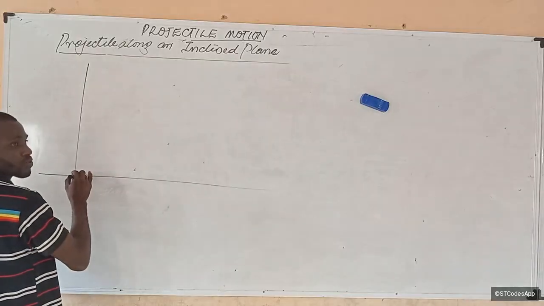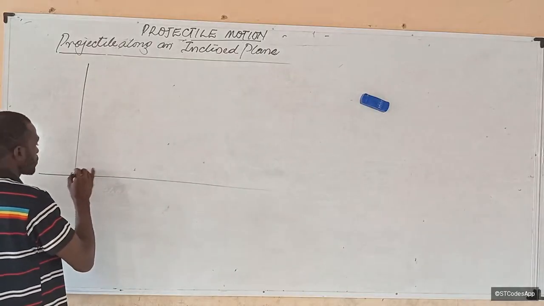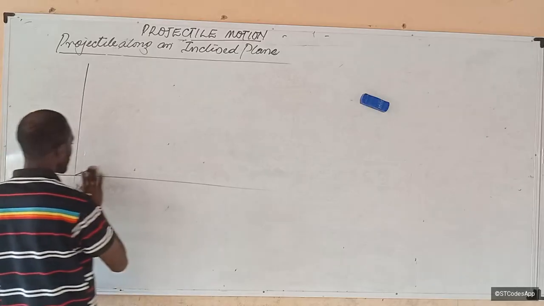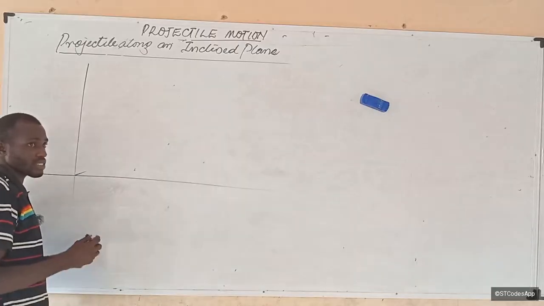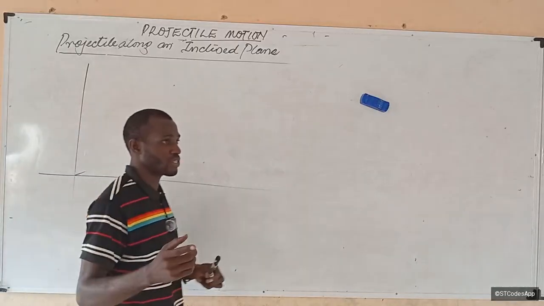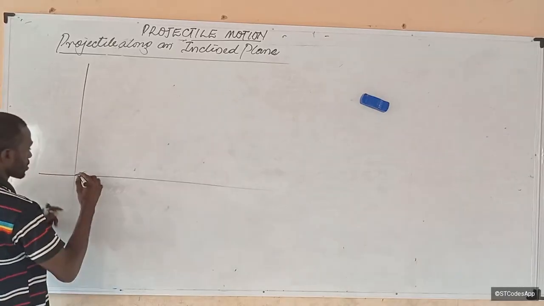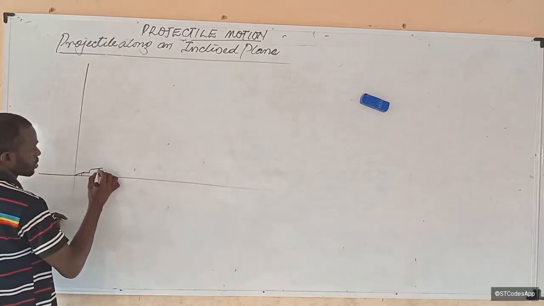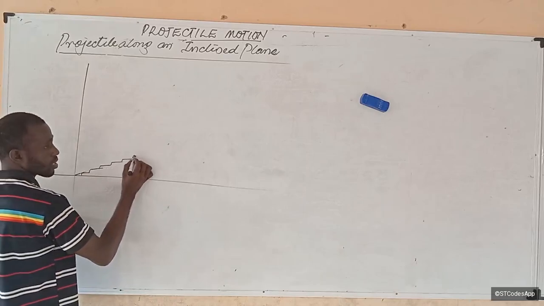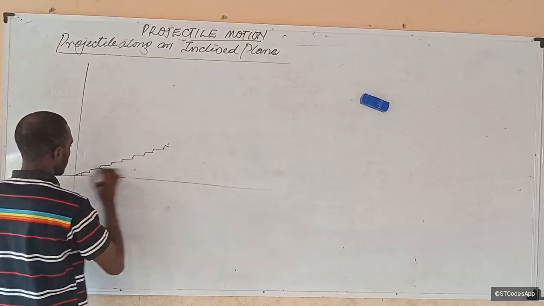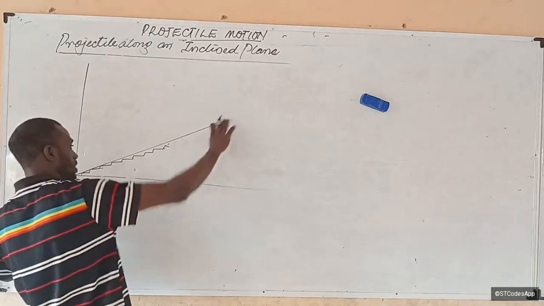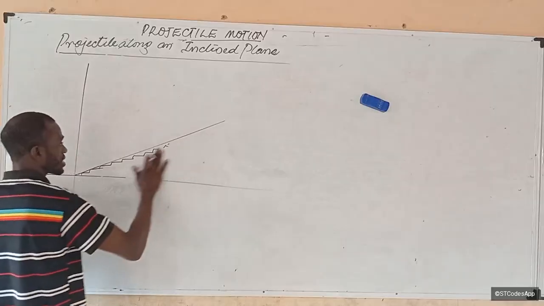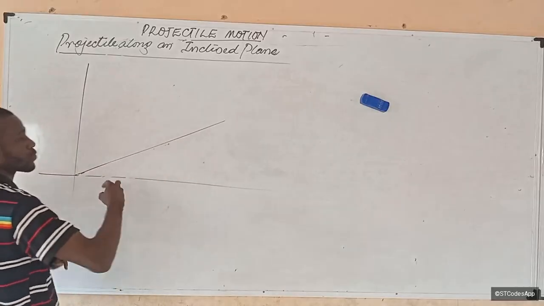If we launch a projectile at this angle along a plane, for example, on a staircase, we are standing on a staircase, we now launch our projectile. So for example, this is our staircase like this. Along this plane, I'm drawing the straight line on it, we now launch our projectile like this.